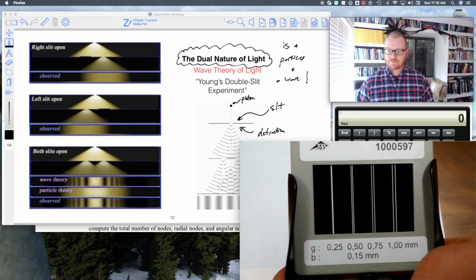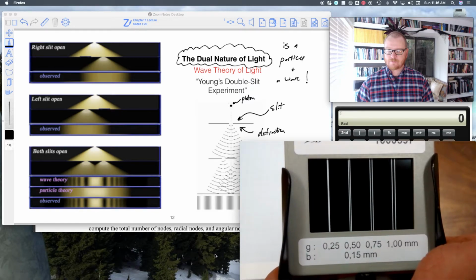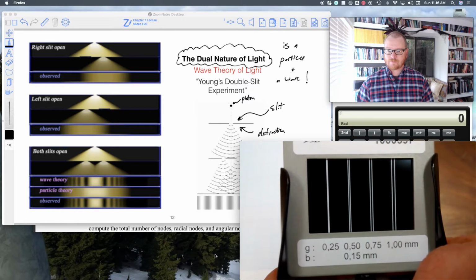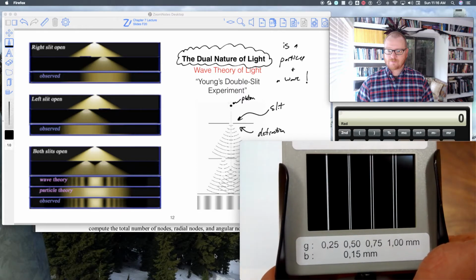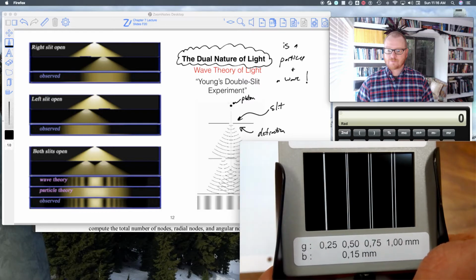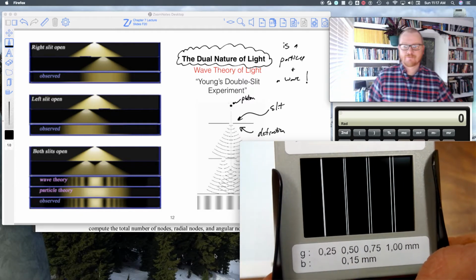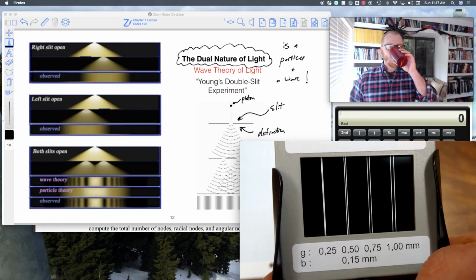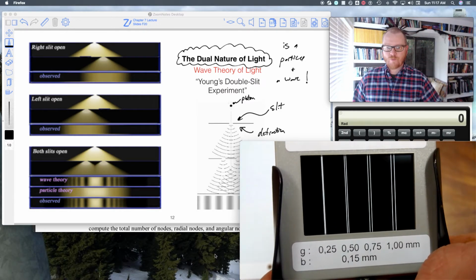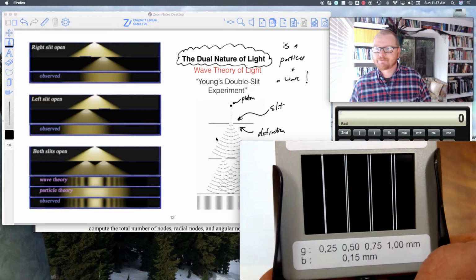So you can see that each of those things that look like one slit is actually a pair of slits. The ones on the right are quite far apart, and the ones on the left are really close together. So these are double slits. What happens when the light passes through these two slits is that it spreads out. When light passes through a narrow gap, it spreads out, it diffracts. And then the light coming from each of those slits can interfere.